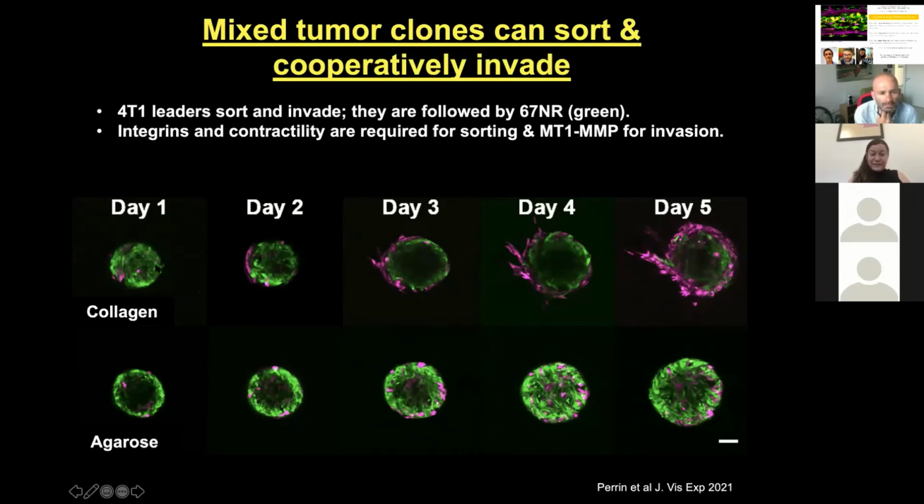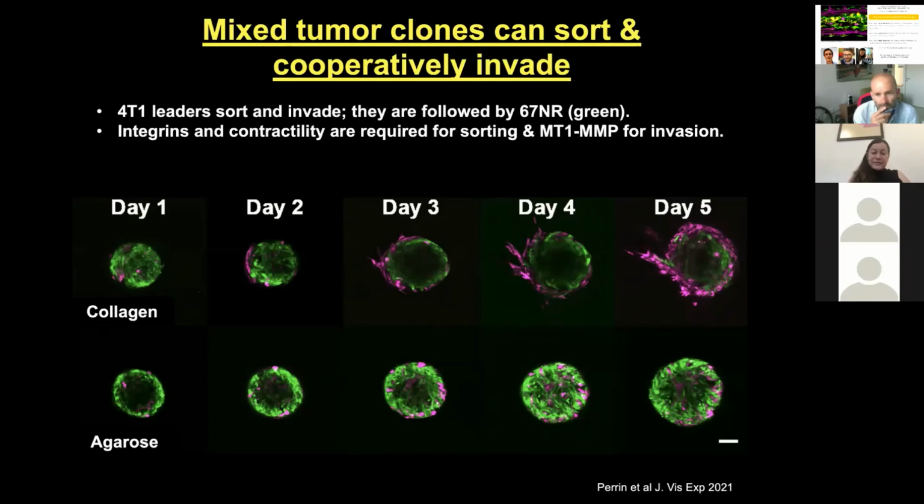The purple invasive 4T1 cells actually first sort to the surface of the spheroid, and then they start invading, and the green ones, non-invasive, are following them. Now, this is dependent on the cell-ECM interface. So it doesn't happen in agarose. It only happens in adhesive ECM interfaces, such as collagen.